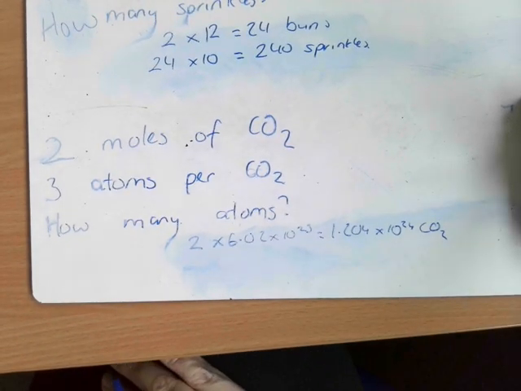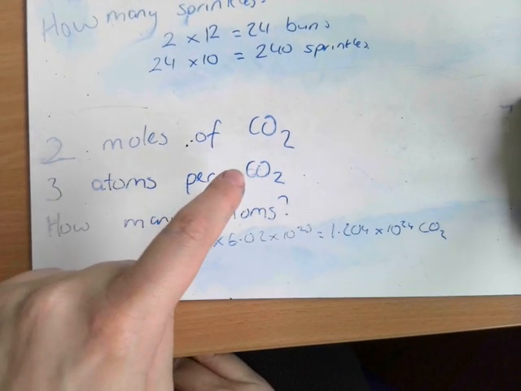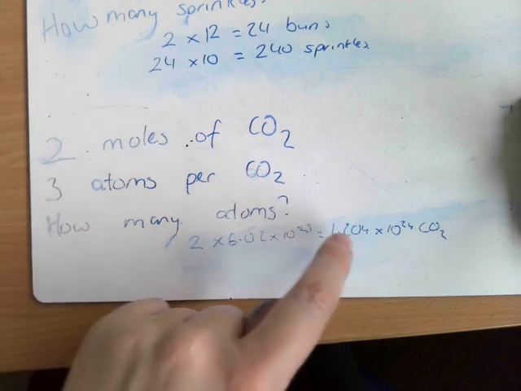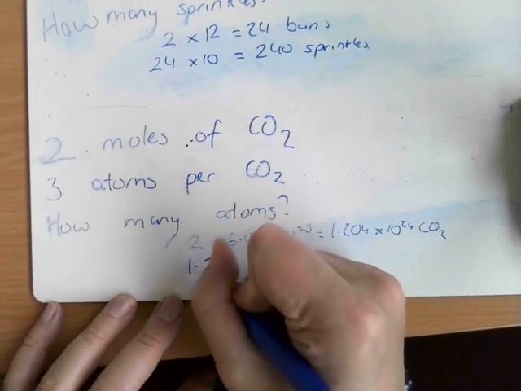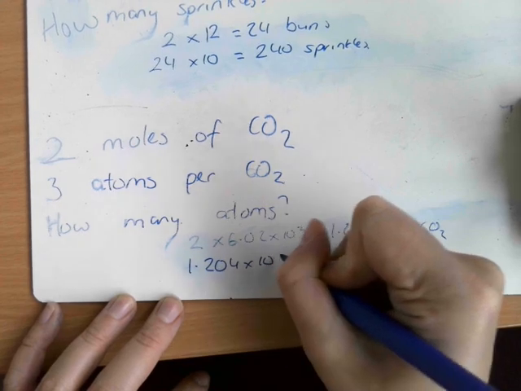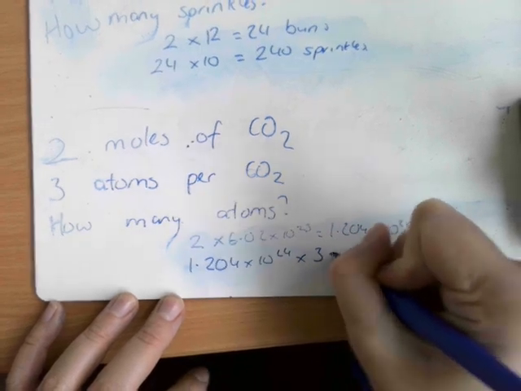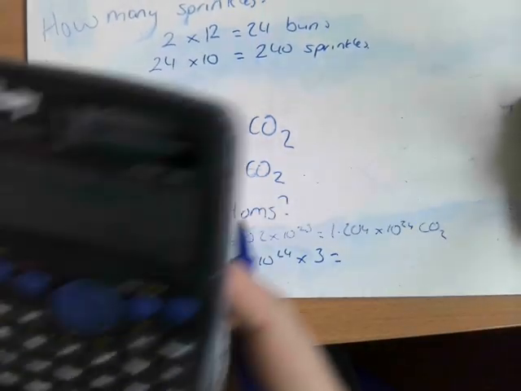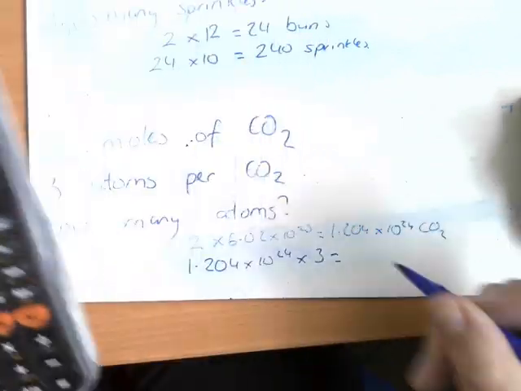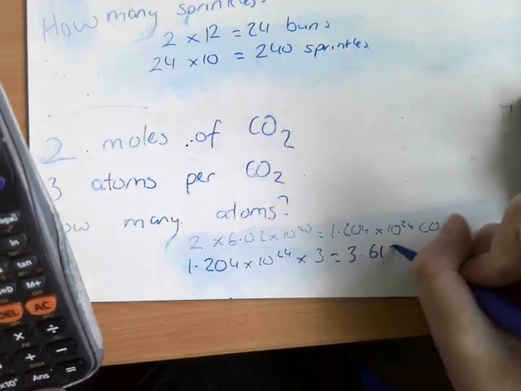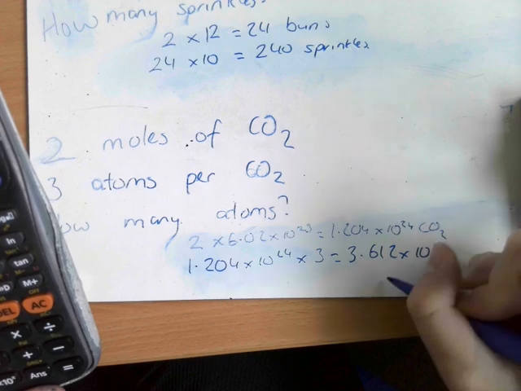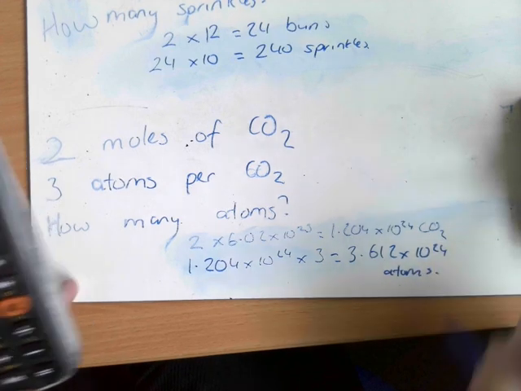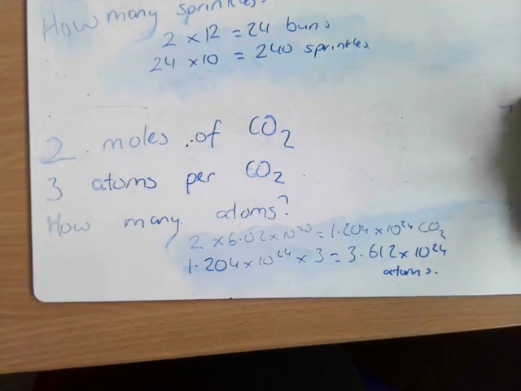I want to know how many atoms I have. And each CO2 is made of 3 atoms. So I take this number, which is the number of CO2s I have, and I multiply it by 3 because that's the number of atoms in each CO2. So I times that by 3 and I get 3.612 by 10 to the 24, and that's the number of atoms. Okay, we are going to go to the exam questions to have a look.